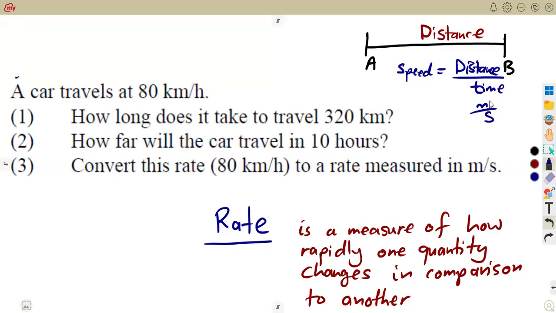This part that you're saying, meters over seconds, is very, very important. It tells us that the distance is referred per unit time. Per. This part is important. Per unit time.